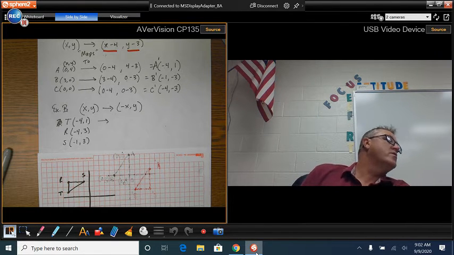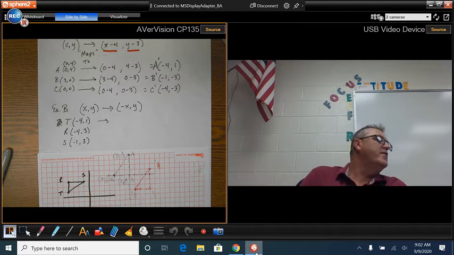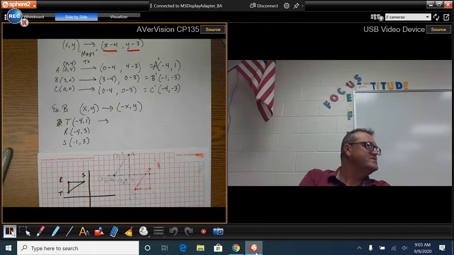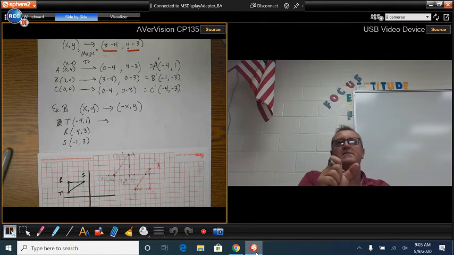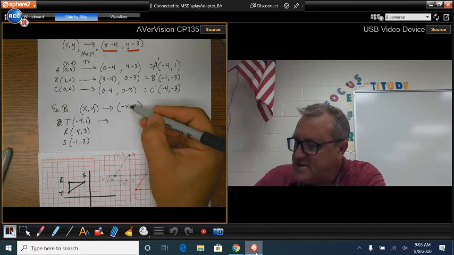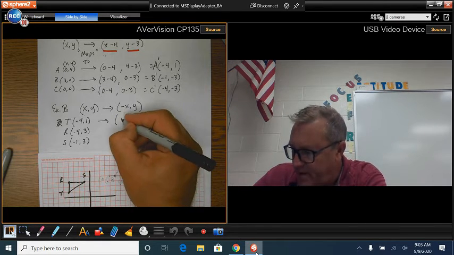You take the opposite sign, or another way to say it is you multiply by -1. Okay? I know it seems real simple. You just take the negative of it, but if it's a negative of a negative, then it becomes positive. So a good way to think of it mathematically is you multiply it by -1. Okay? All right, so if I take this, multiply -4 by -1, I get a +4.